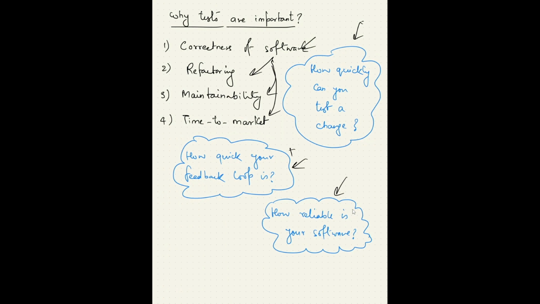If there is a new functionality that we need to release as part of the release process, and we are making new changes for that release, then in the absence of test cases, we cannot test them quickly. And because we cannot test them quickly, we cannot say that this system is ready to be shipped. That will delay the release. But if we have a strong suite of test cases, then we can test the changes quickly, we can complete the regression quickly, and we can release the software quickly.